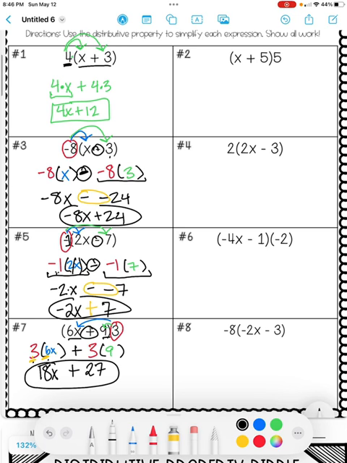The even numbers, we've got the quantity of x plus 5 times 5. We have x plus 5 things, so I'm distributing the 5 to both terms, x and 5. So I'll have 5 times x.